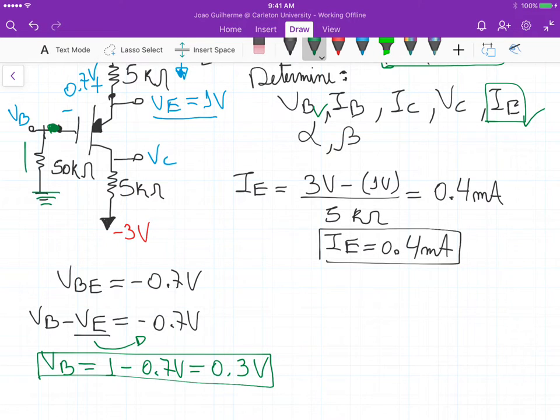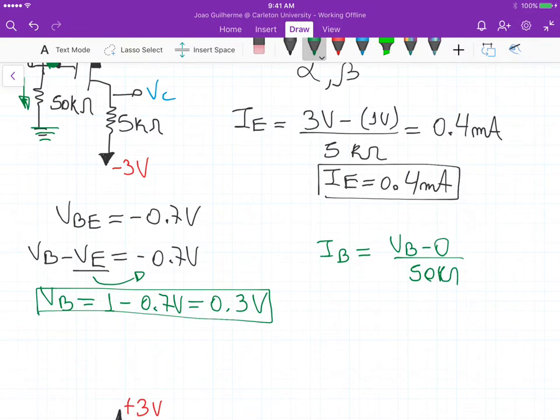So we can calculate this current here, which is the base current. The base current is equal to VB minus 0 divided by 50k ohm. This gives us a base current equal to 0.3 divided by 50k, and that's equal to 6 microamperes.